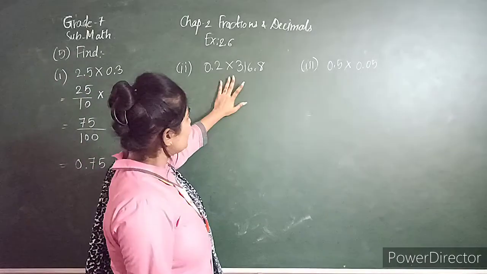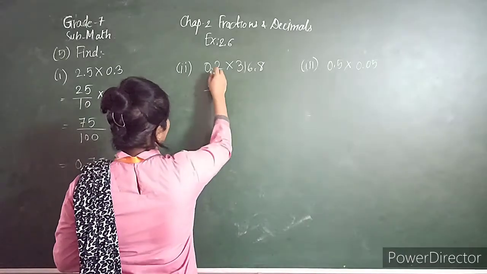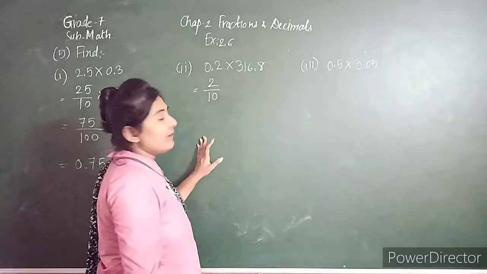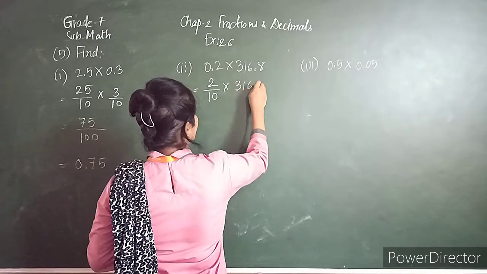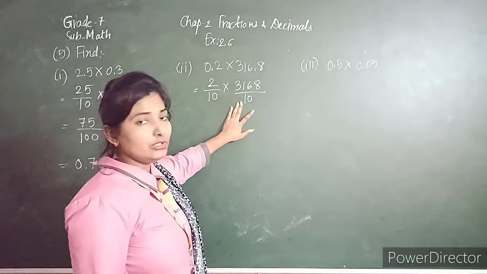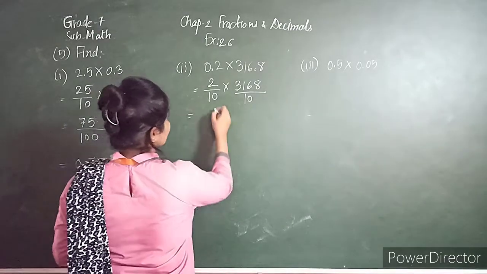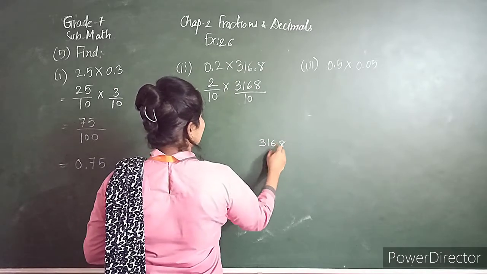Next, 0.2 into 316.8. So here point is given before one number, so we have to put 10 in the denominator. Then here again point is given before one number, so we have to put 10 in the denominator. So now we have to multiply this number with 2.